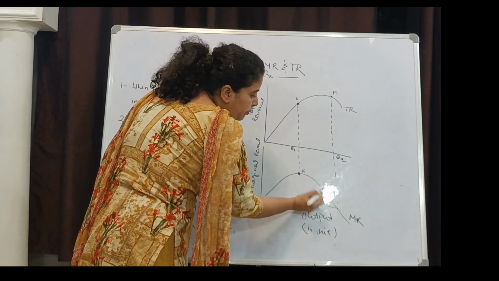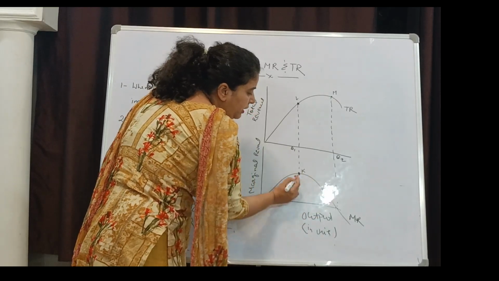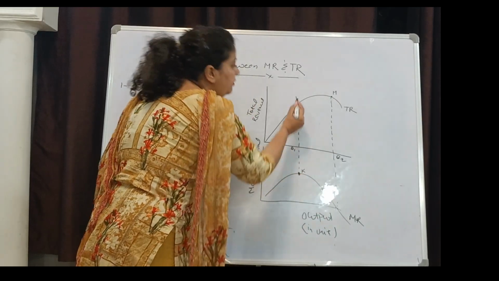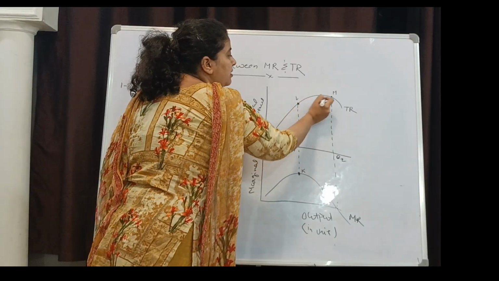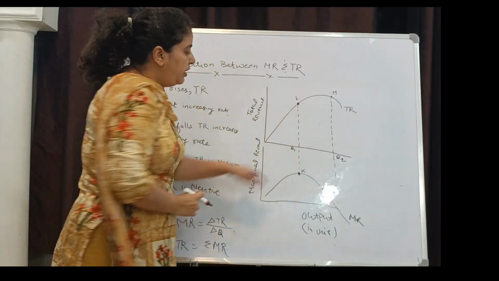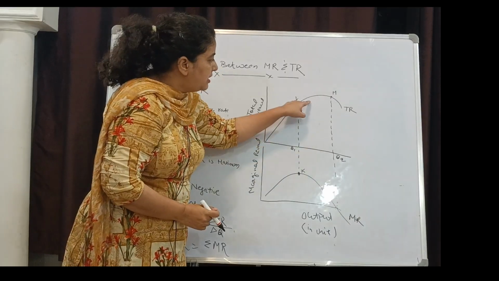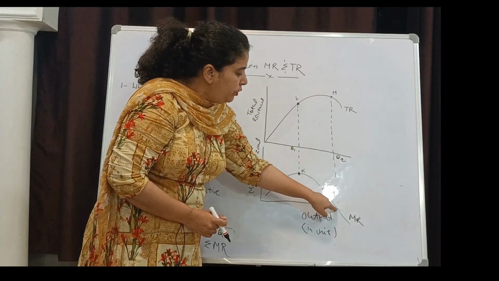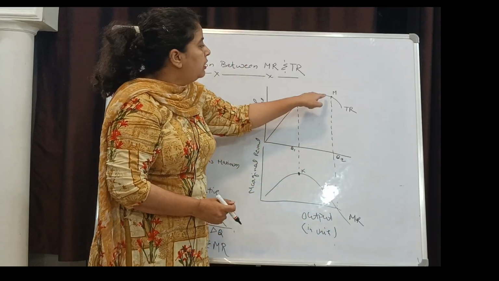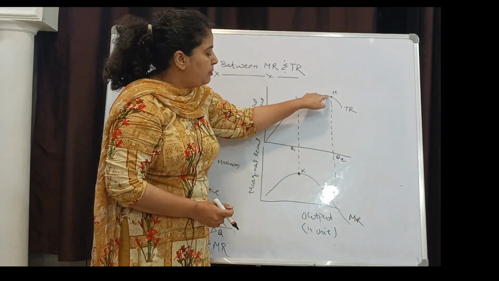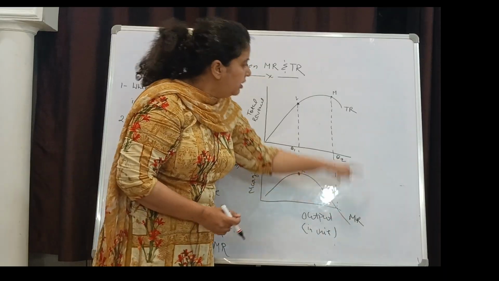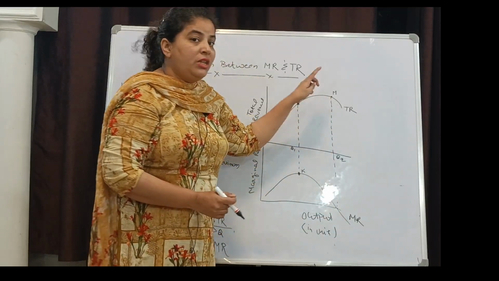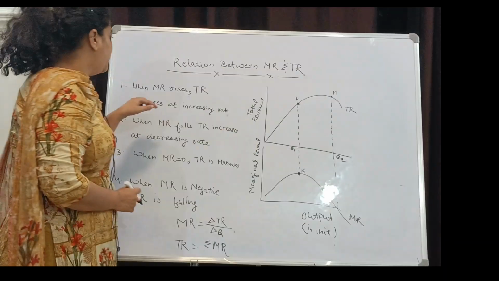So this is the portion where MR is falling, TR is increasing at decreasing rate. When MR is zero, total revenue is maximum. When it is negative, TR starts falling. So there are four relationships which we have to see.